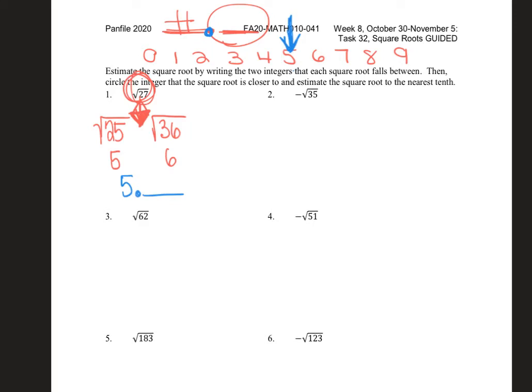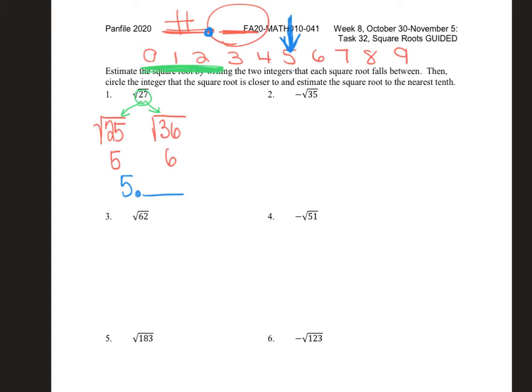Now, we have to decide which one the 27 is closer to. So is the number 27 closer to 25 or 36? It's definitely closer to 25 because it's only 2 away, whereas 36, it's almost 9 away. So we're looking at probably being down here somewhere because we're pretty close to that smaller number.